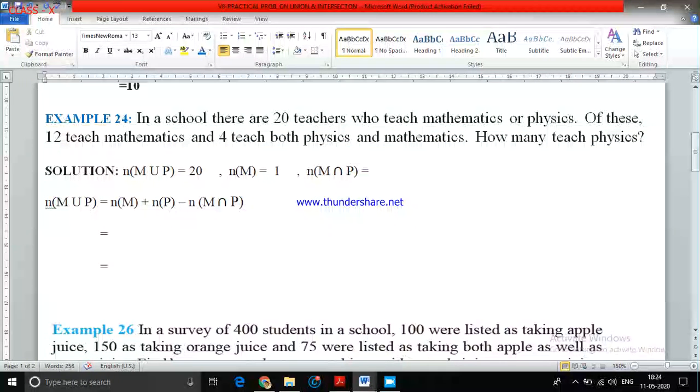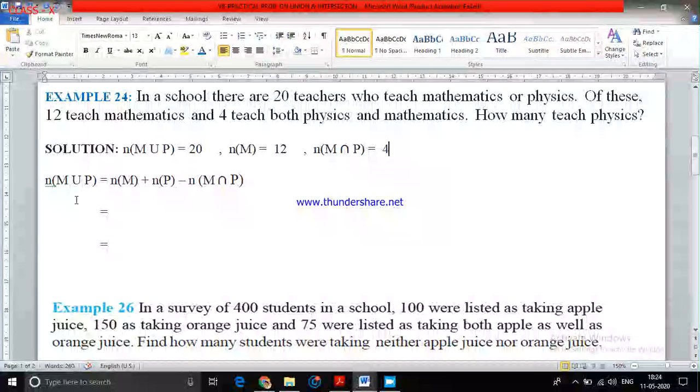So 12 teach mathematics means n of M is 12. And 4 teachers teach both physics and mathematics. There are 4 teachers who are teaching both the subjects. So where you have 'and', that will be the intersection. So n of M intersection P is 4. Now, how many are teaching physics? That means n of P is the value you have to find.